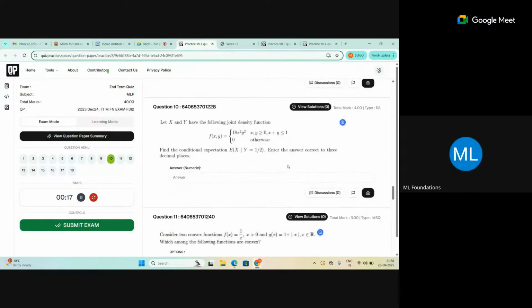Yeah, okay. So this joint density is given to me.